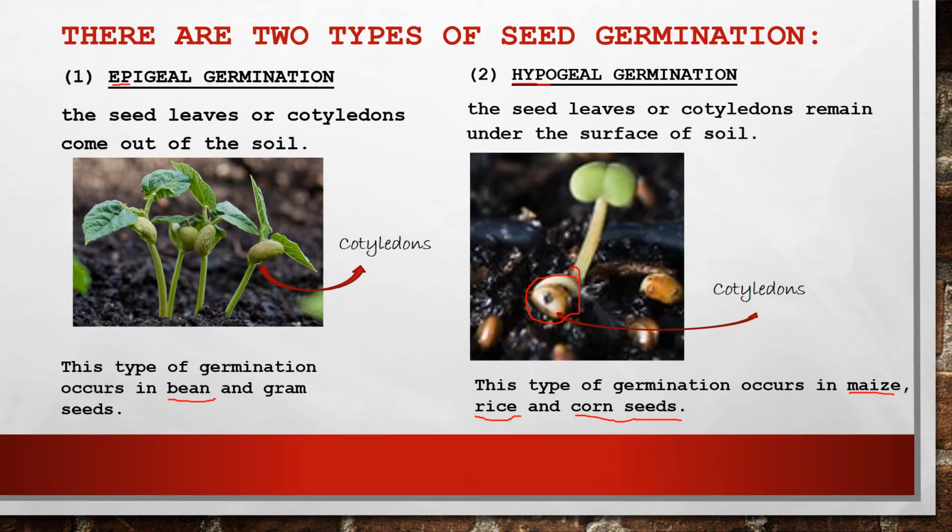You will never see them undergoing epigeal germination. So, we have the two types of seed germination, epigeal and hypogeal germination. You have to know how to differentiate these two types of germination, and then give examples of seeds that undergo those types.